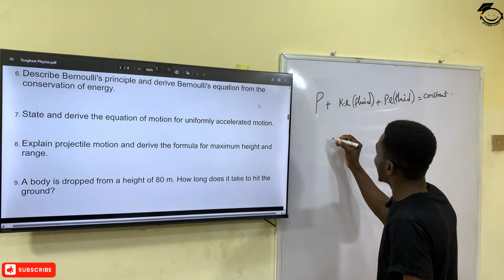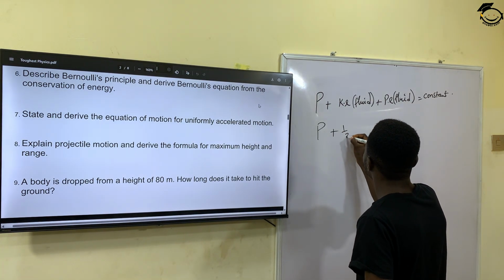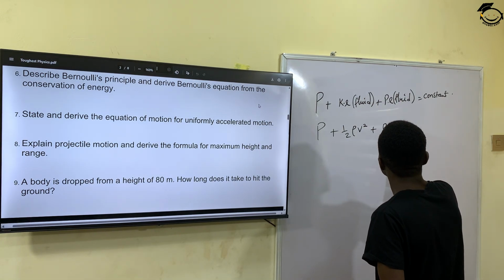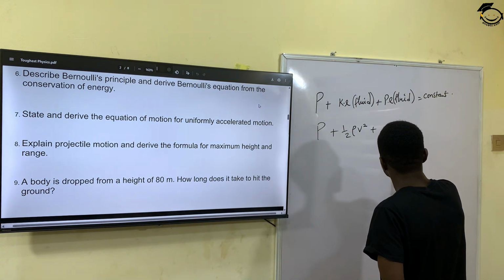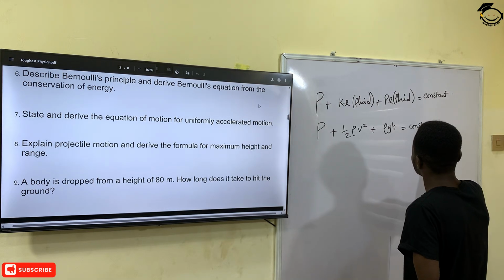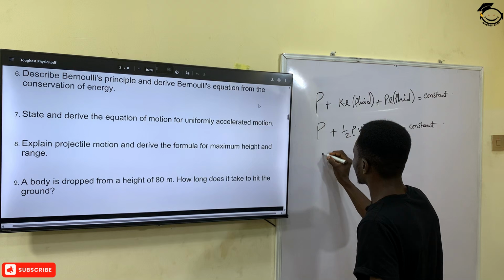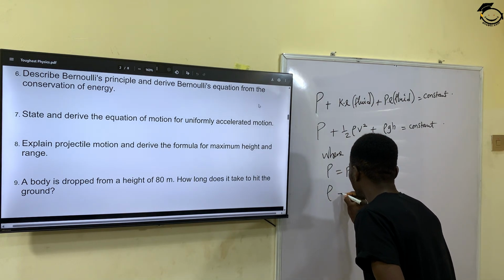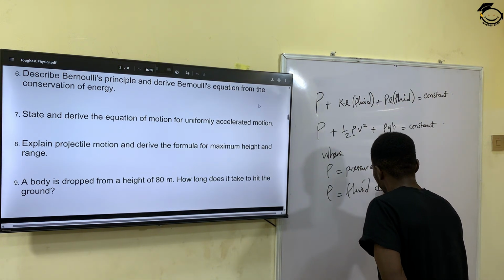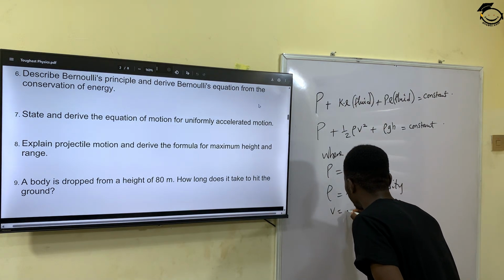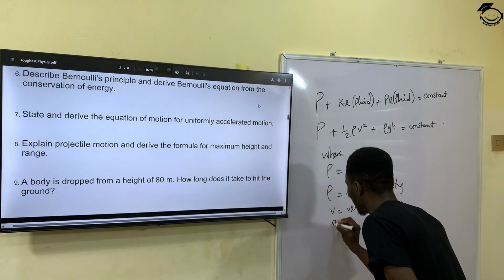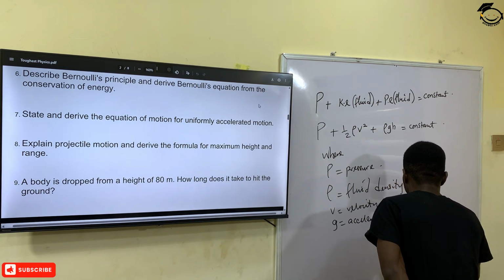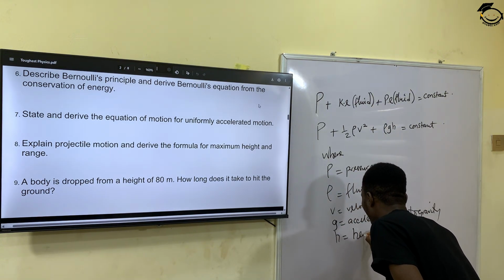So this is the same as saying that pressure plus half density v squared plus density g h is equal to a constant. Here P is pressure, rho is fluid density, v is velocity, g is acceleration due to gravity, and h is height.